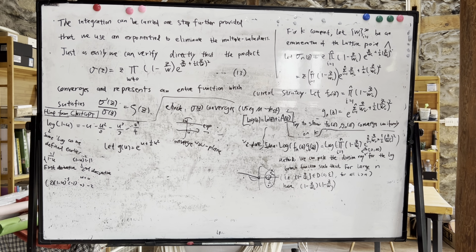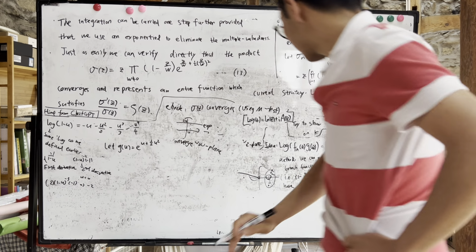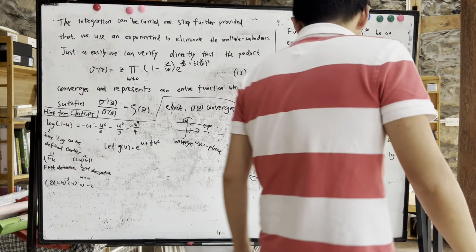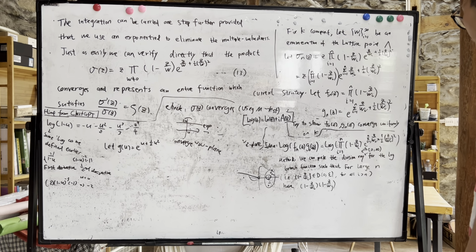So let me just do that, such that for large n. But I still need to specify what they mean.